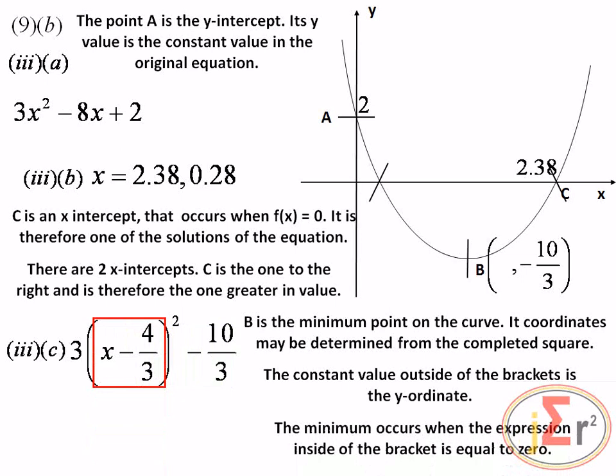The minimum occurs when the expression inside of the brackets is equal to 0. That is, when x minus 4 over 3 is equal to 0. Everyone can solve that equation to give x is equal to 4 over 3. That is the value, 4 over 3, and it goes right there.